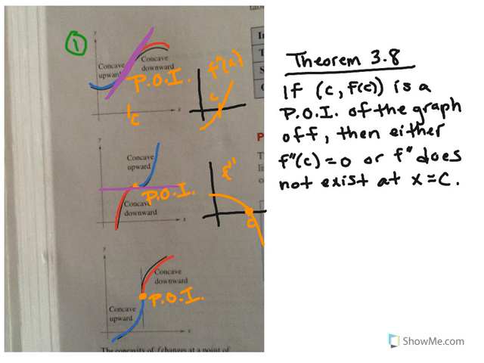Now, the exception is that f double prime does not exist, period, at that point. And sometimes finding a second derivative is impossible. For example, if we have f of x equals x plus 5, the first derivative of this function would be 1. So then what is the second derivative?